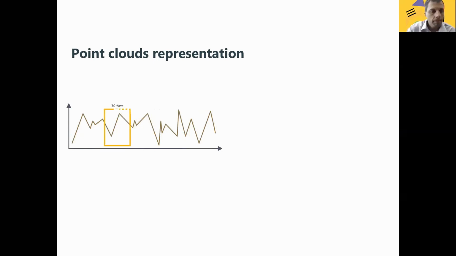The first step would be, we have a time series, and we convert this time series into a sequence of high dimensional vectors. For this, we take a sliding window of, say, length 30 days, and we move across the time series. And so we obtain a sequence of high dimensional vectors, and that's it. We represent each time series by a sequence of high dimensional vectors.